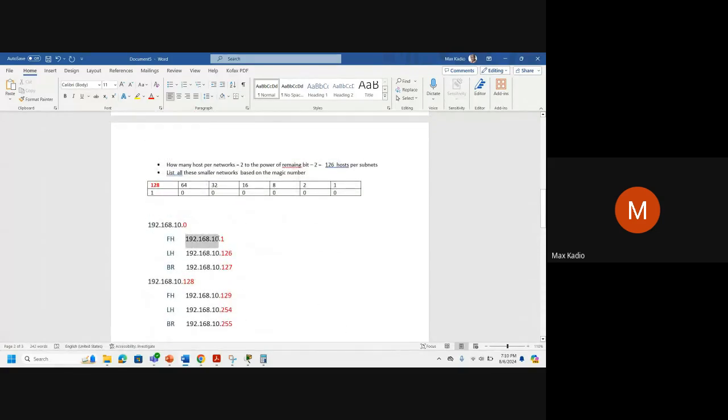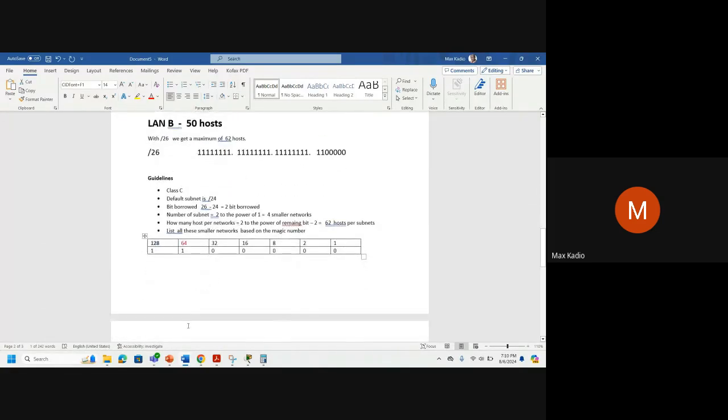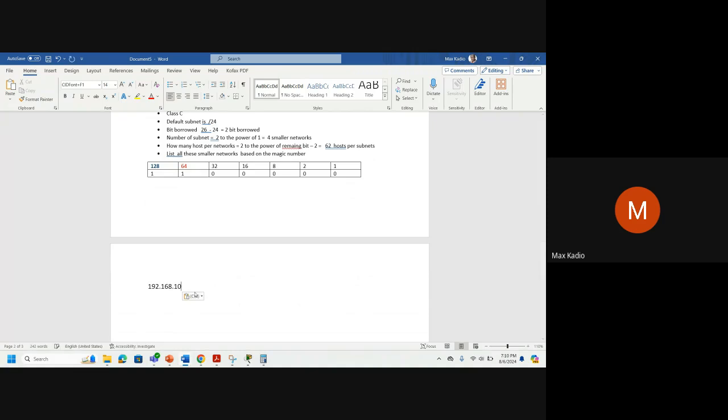So the first one always ends with 0, plus the magic number 64, plus 64, plus 64.